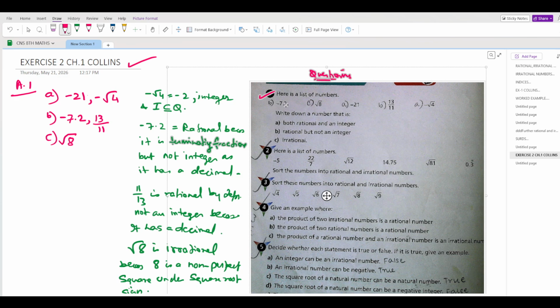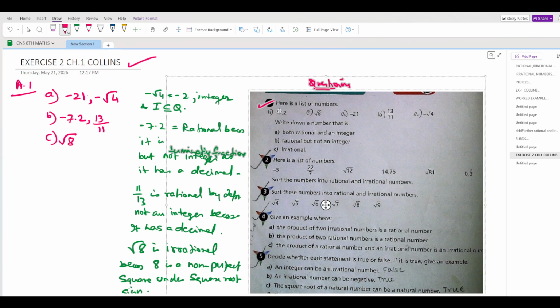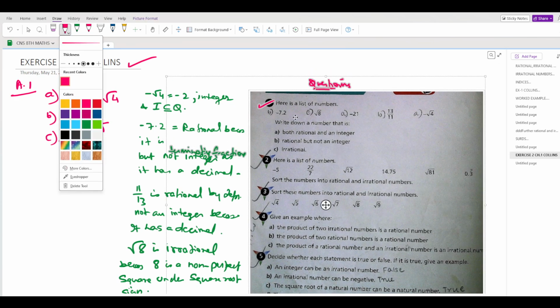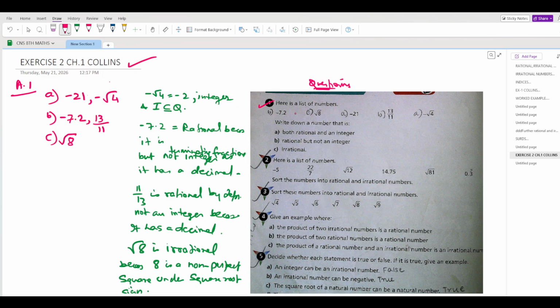Now the first number is minus 7.2, as you can see. Minus 7.2 is not an integer. That is very clear.